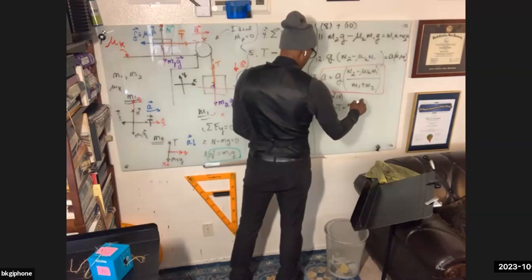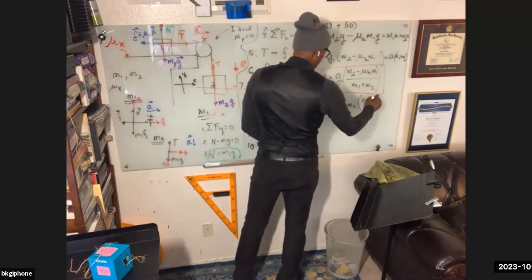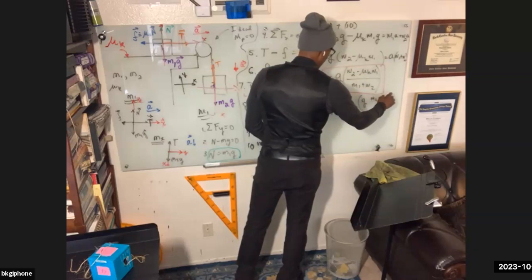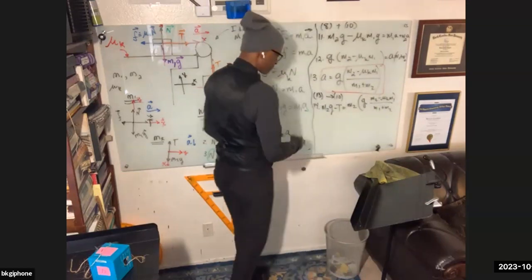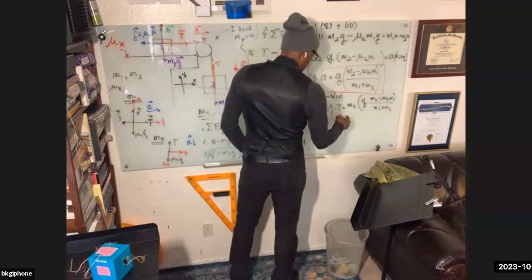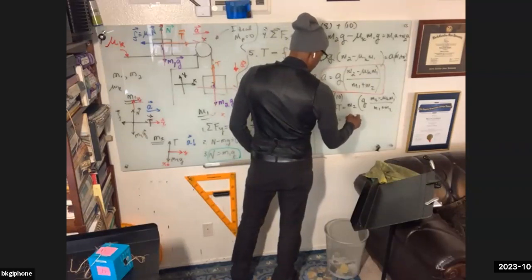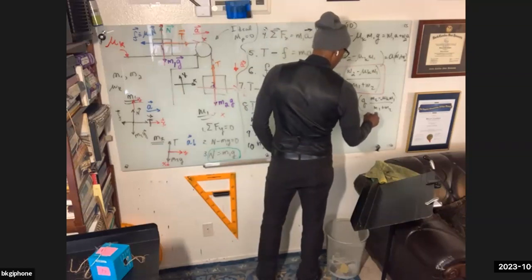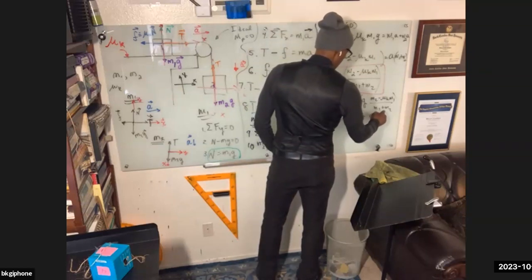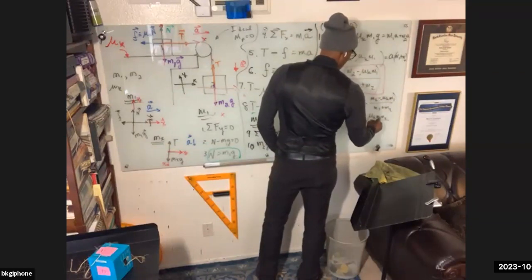So M2 times the quantity A, but A is G times M2 minus mu K M1 over M1 plus M2. Now on the right side, we're going to have G times M2 squared minus mu K M1 M2 over M1 plus M2.